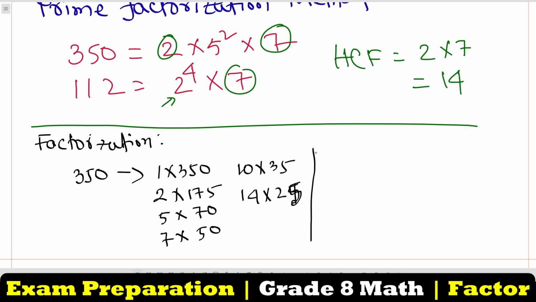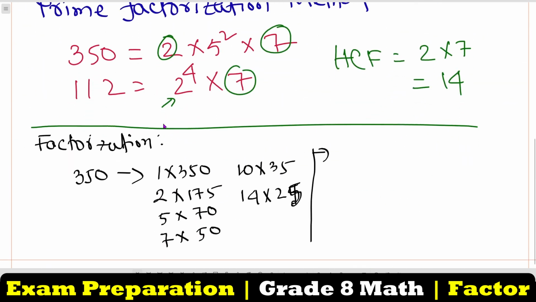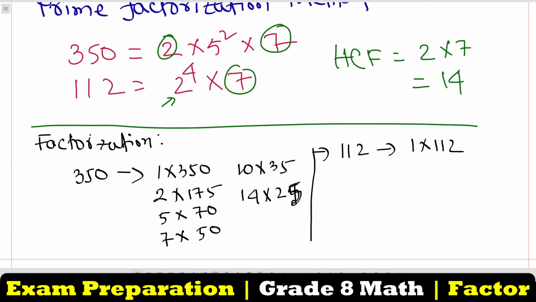Now look at 112: 1 times 112, 2 times 56. 3 is not possible. 4 is possible, 4 times 28. 5 is not possible. 6 is not possible. 7 is possible, 7 times 16.